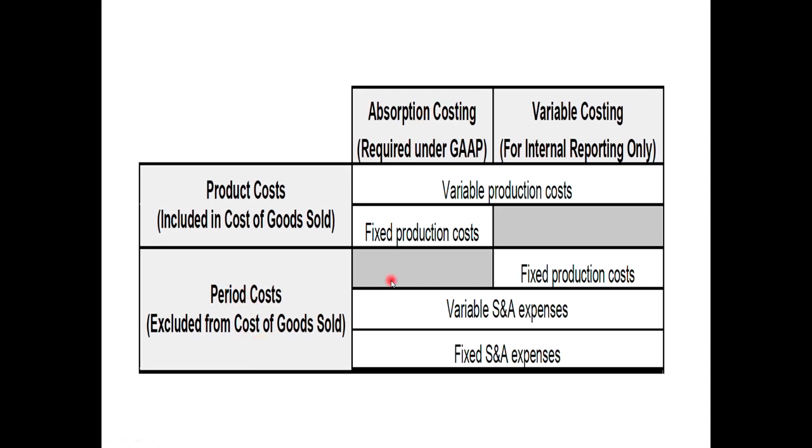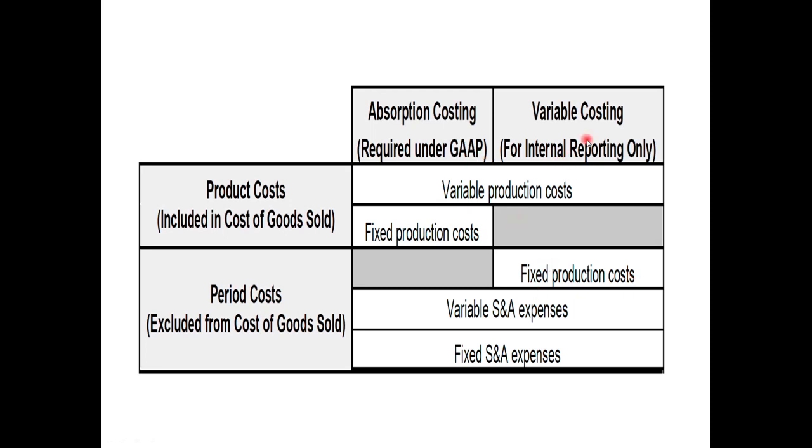Under absorption costing, period costs include all variable selling and administrative expenses, and also fixed selling and administrative expenses. Under variable costing, period costs include both variable selling and administrative and fixed, like absorption costing, plus fixed production costs.